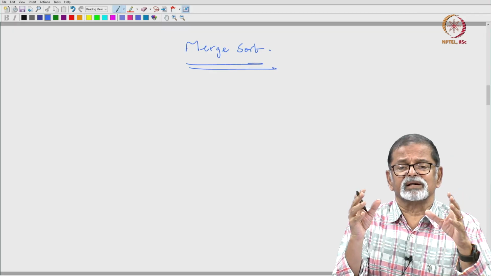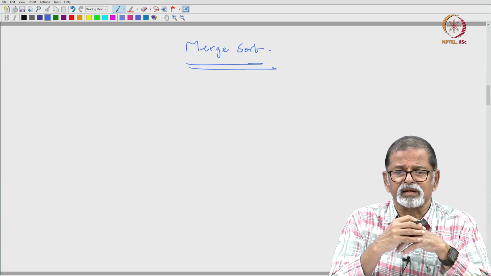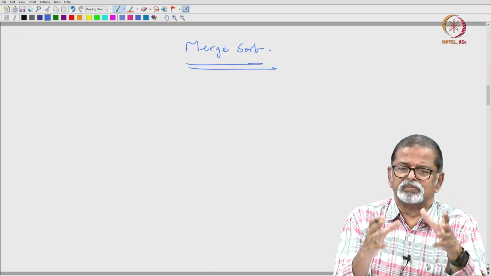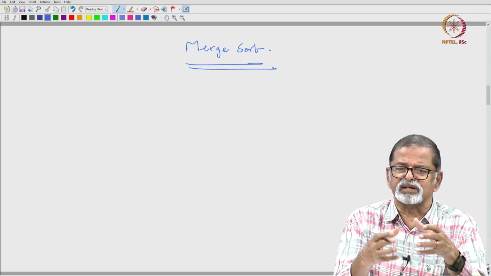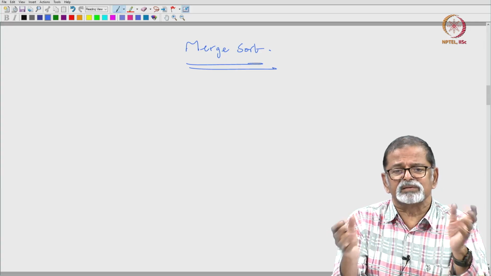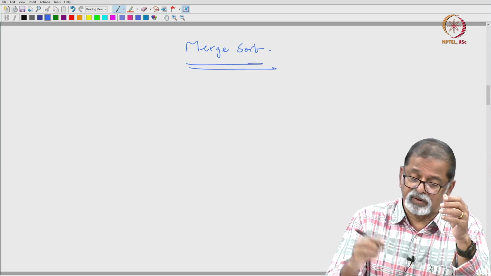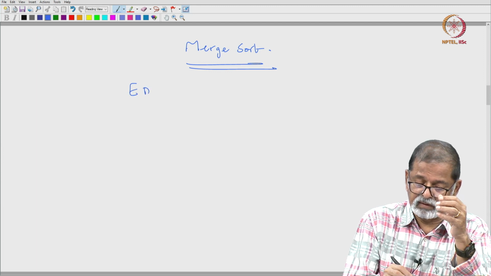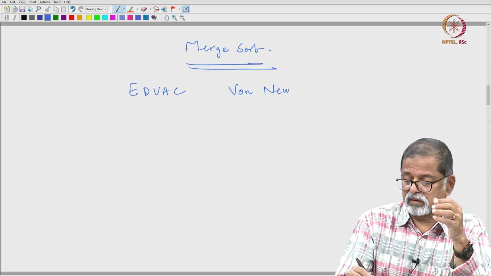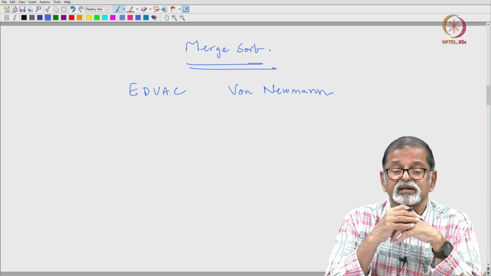Merge sort has an interesting historical background. Back in the 1940s, computer organization, architecture and computer design were all in the nascent stage. EDVAC was one of the early-day computers, and von Neumann was appointed as a consultant for this project.